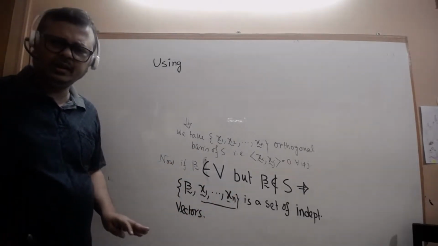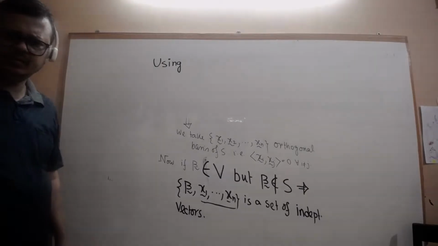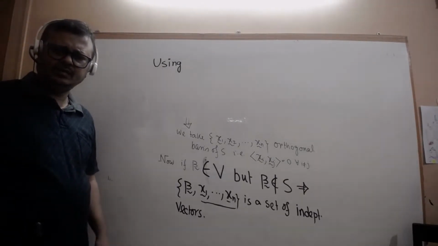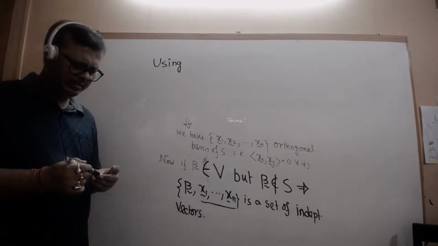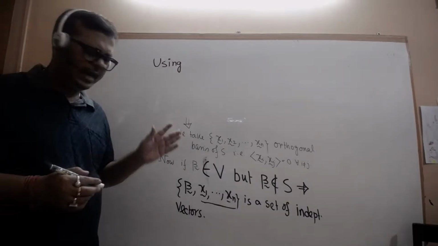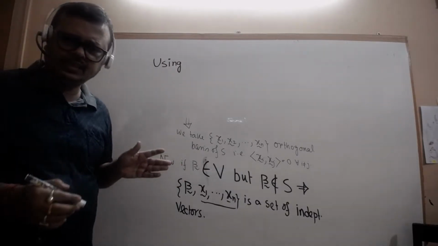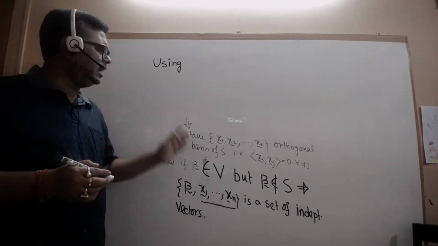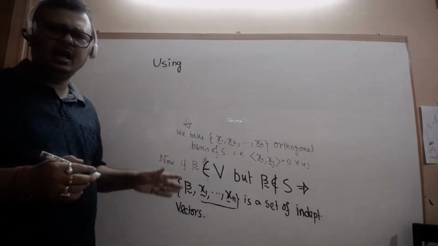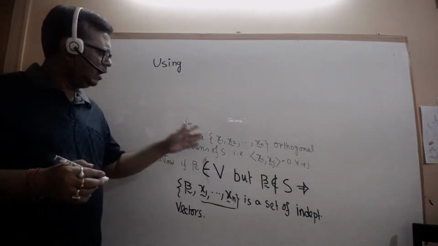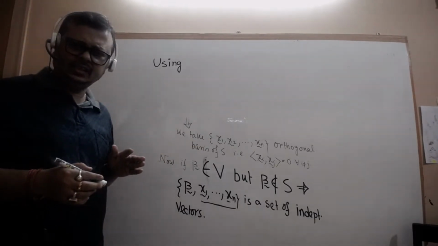Therefore, beta curl along with the basis of S gives a set of independent vectors. Clear? Anirban Maiti? Anirban, clear? Please tell me. Beta curl does not belong to S. This means beta curl cannot be written as a linear combination of the vectors of the basis.